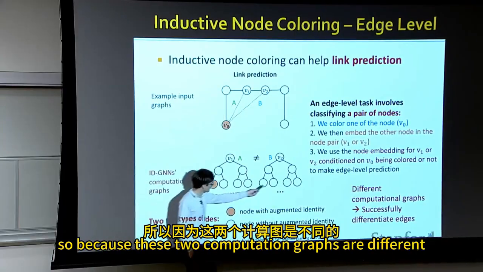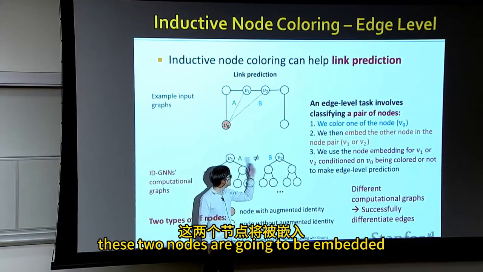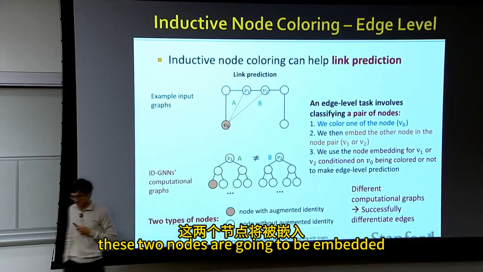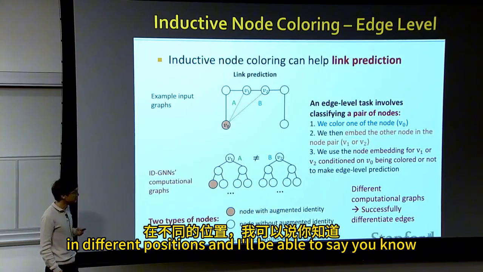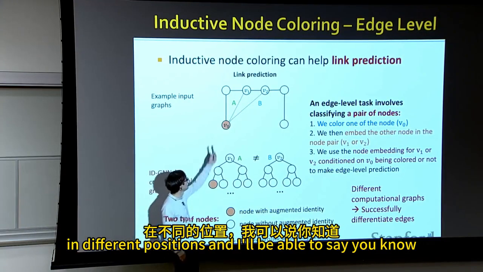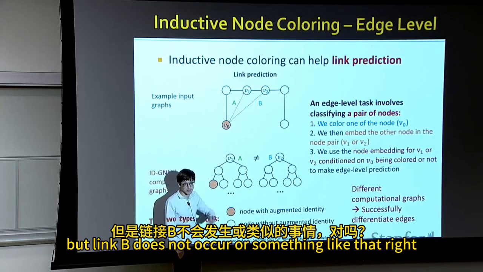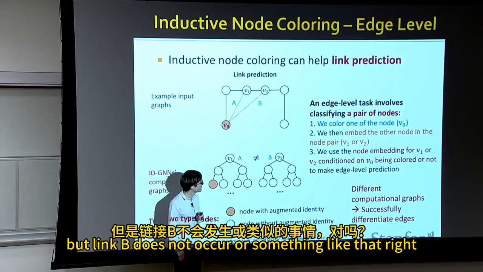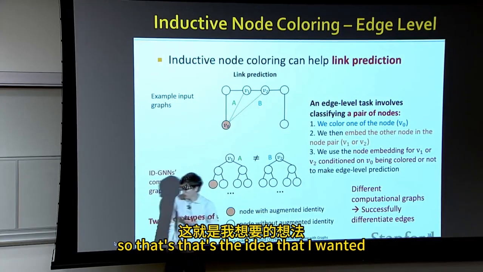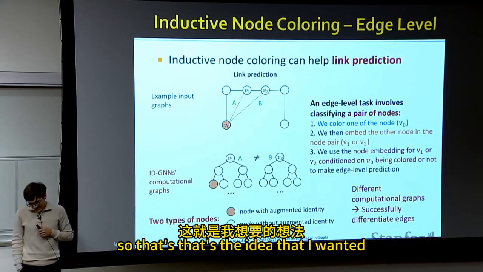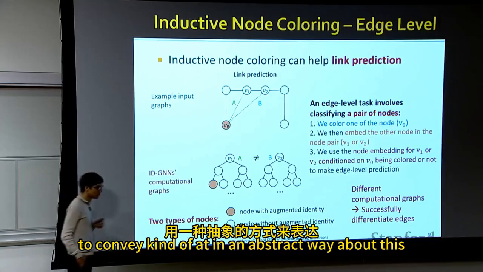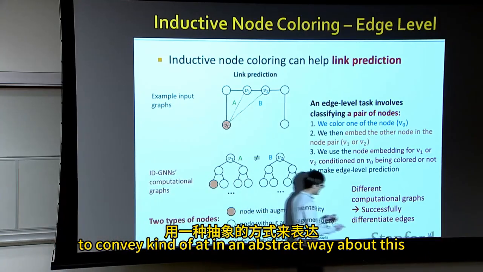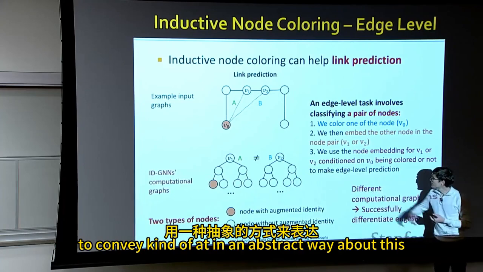So because these 2 computation graphs are different, these 2 nodes are going to be embedded in different positions, and I'll be able to say, link A occurs, but link B does not occur, or something like that, right? So that's the idea that I wanted to convey, in an abstract way.